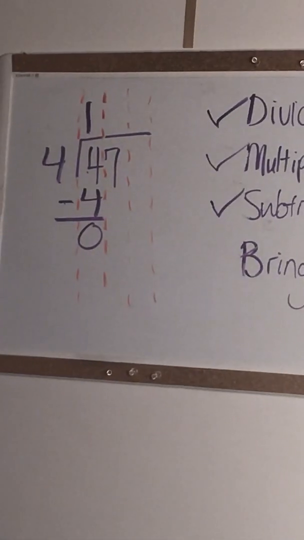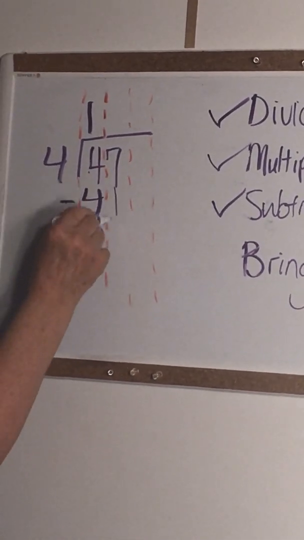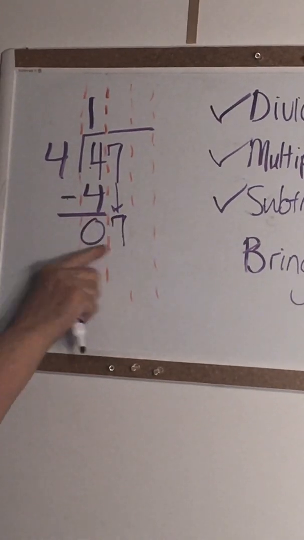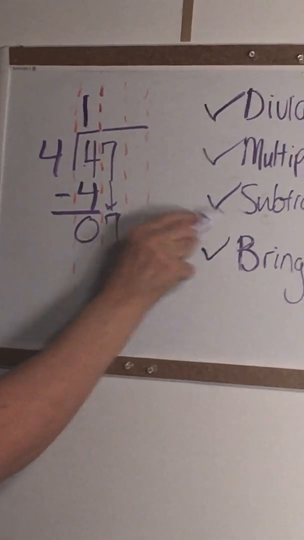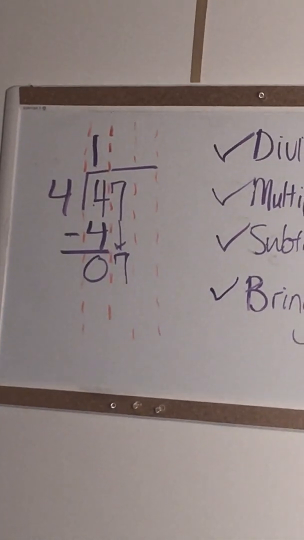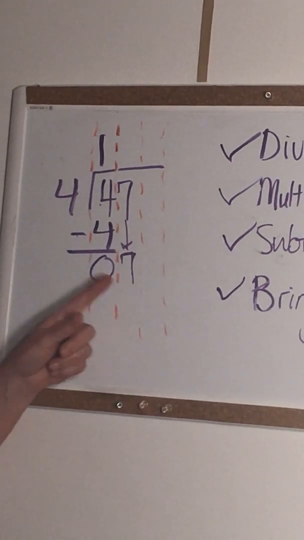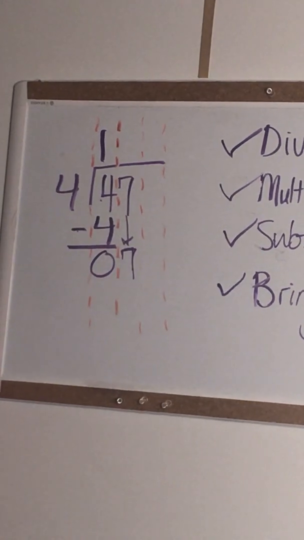Do I have a number in there to bring down? I sure do. I have to bring the 7 down. So here brings the 7 right to here. It goes right next to the 0. Okay? So I had a number to bring down. Now, how do I know if I use this number or not? Is this a remainder or do I do another math division problem?